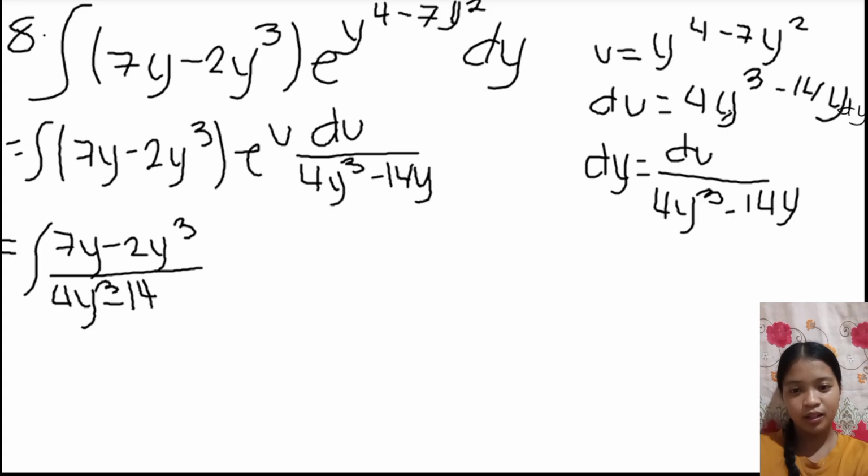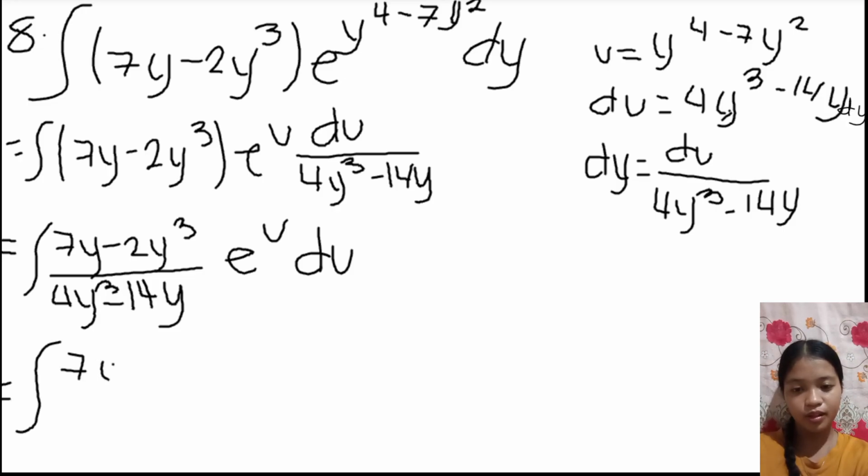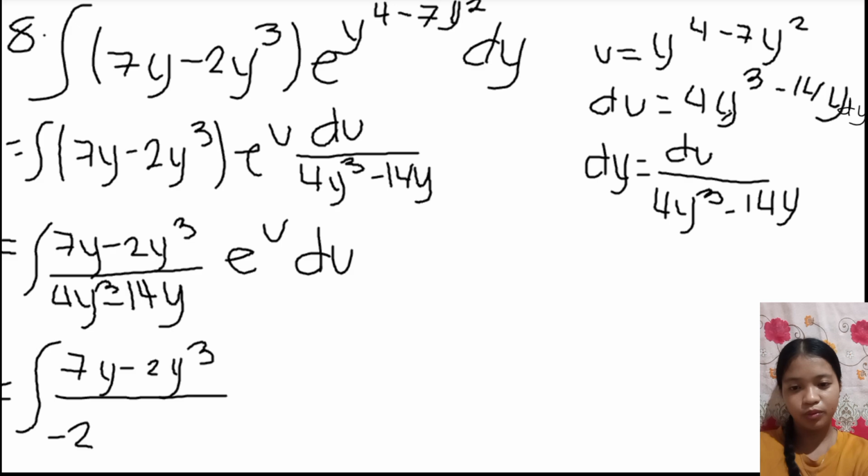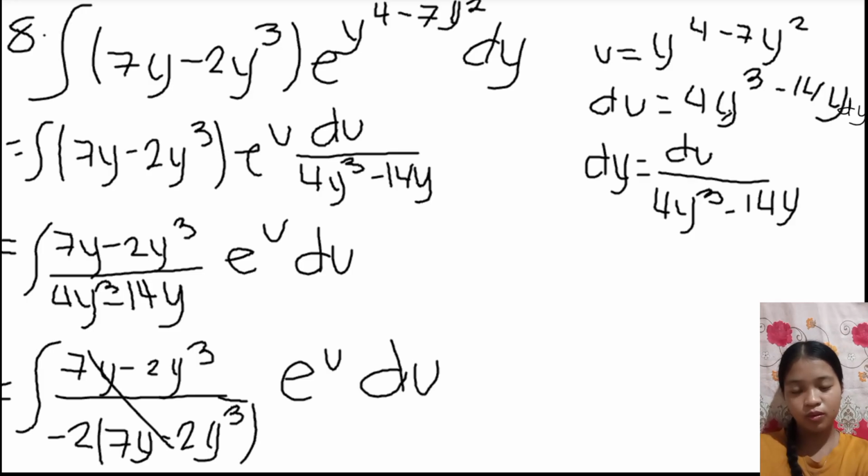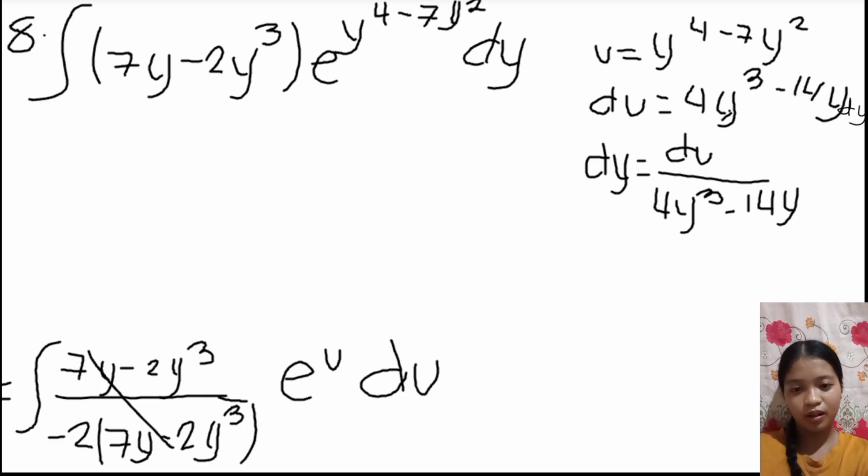So it will be the integral of 7y minus 2y cubed over 4y cubed minus 14y times e to the u, then du. So we're going to find the factor of 4y cubed minus 14y. So we can rewrite it as the integral of 7y minus 2y cubed over negative 2 quantity of 7y minus 2y cubed.